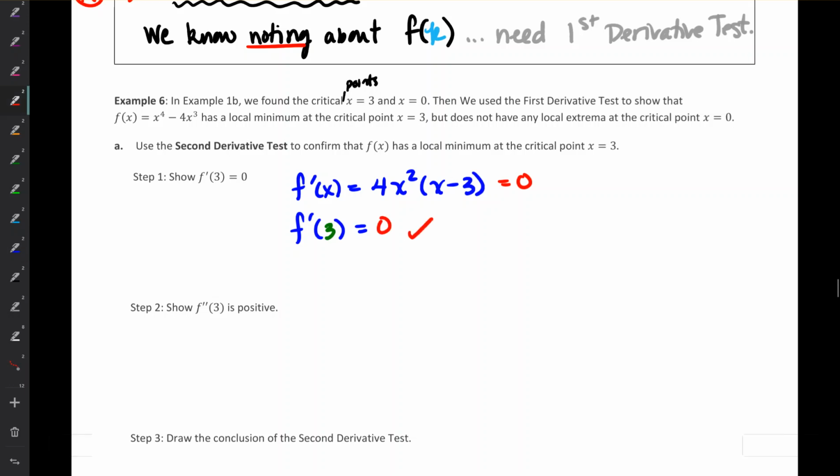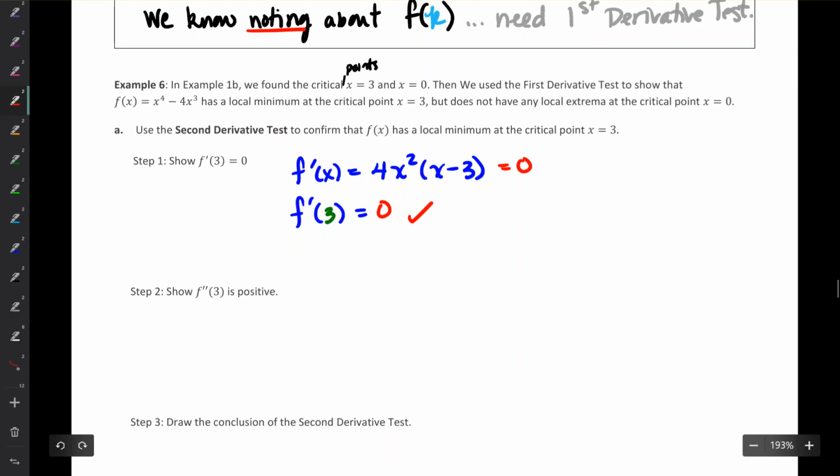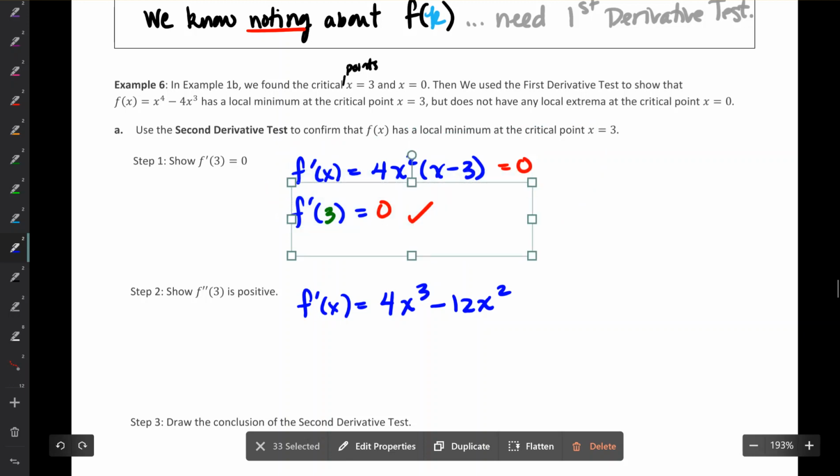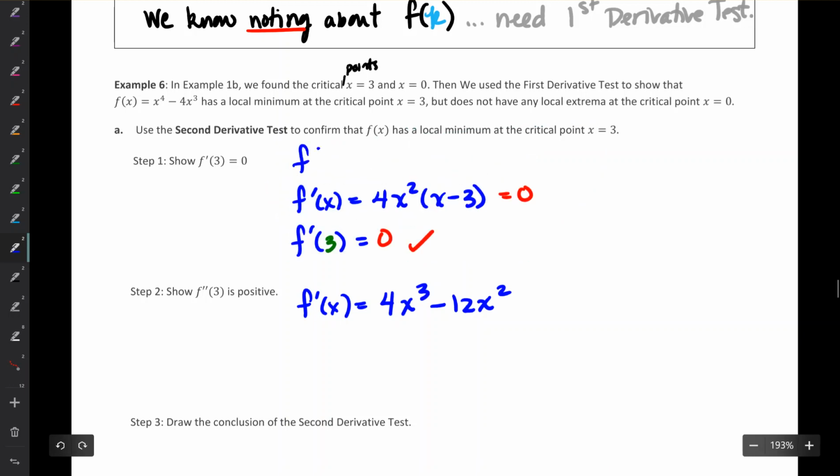Right? Now, the second derivative: I actually want to look at it not factored for taking the derivative because I don't feel like doing product rule. Again, we did this work already.